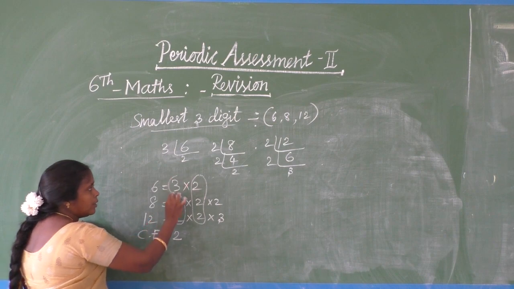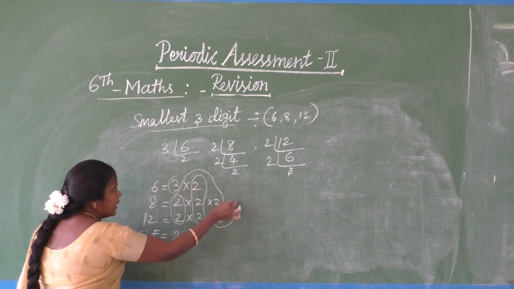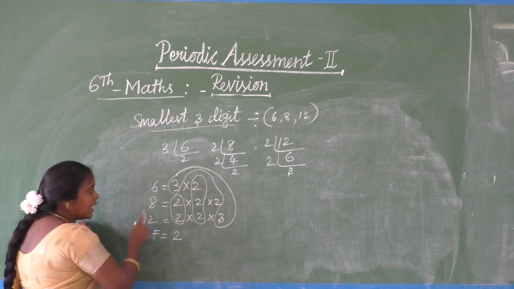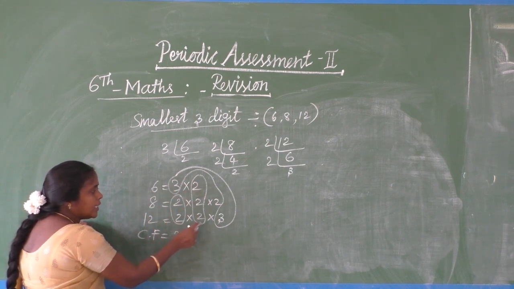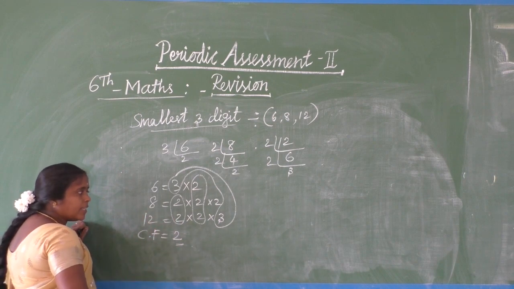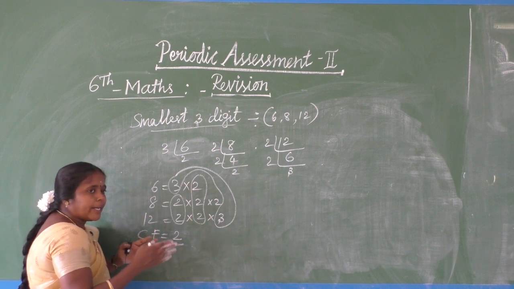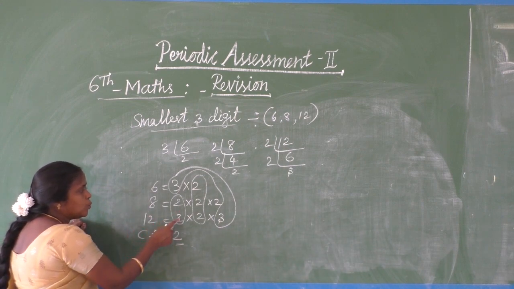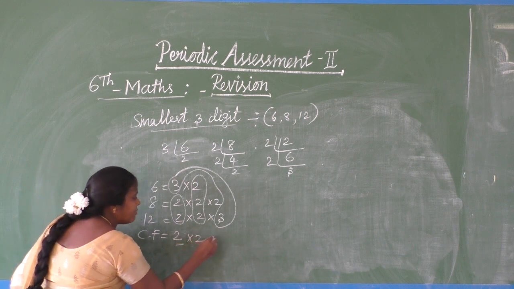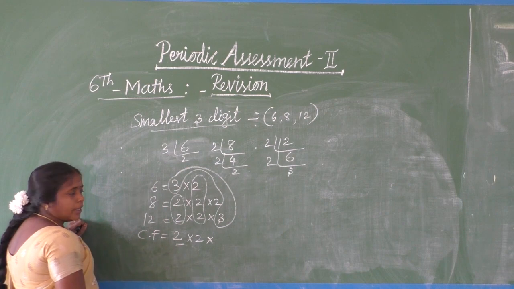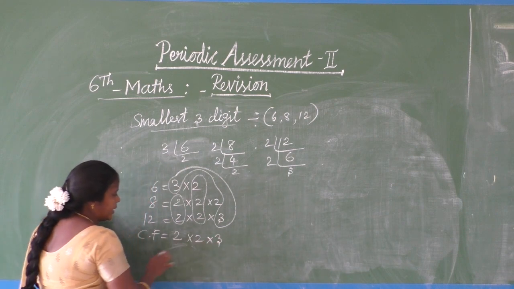In the 3 lines we got one number, that is the common factor. After that you have to check in the other 2 categories whether any number is matching or not. Yes, in 8 and 12, 2 is coming, so this is also a common factor. In 6 and 12, 3 is coming commonly, so consider that also a common factor.